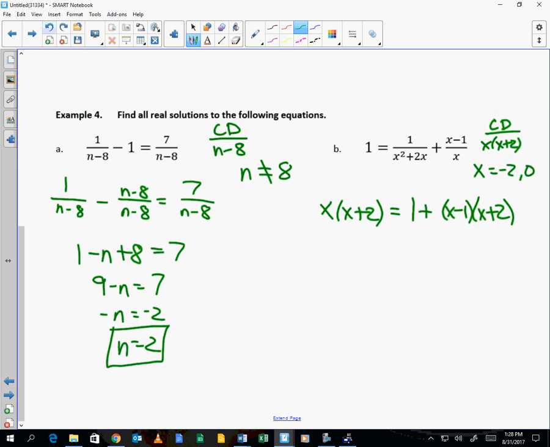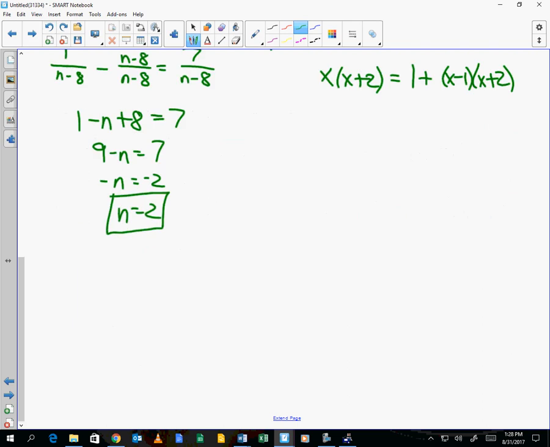All right. So how are you going to solve this? Multiply it out. X squared plus 2x equals x squared plus x minus 2 plus 1. Second degree equation, how many solutions? 2.